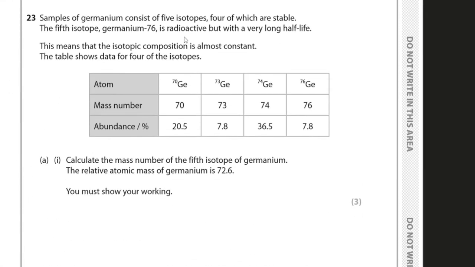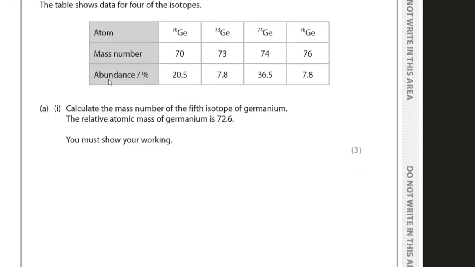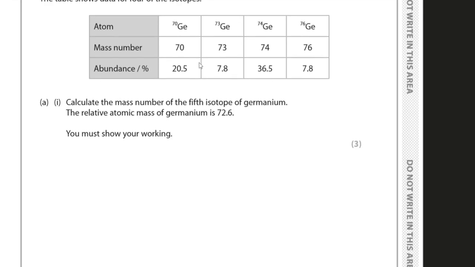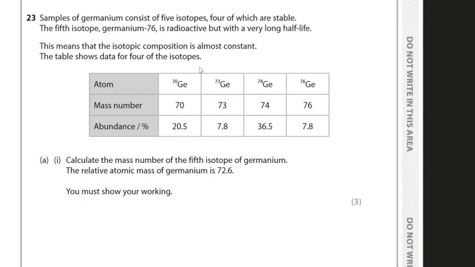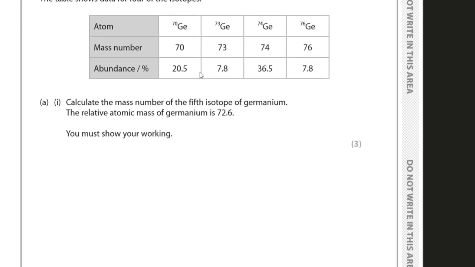Samples of germanium consist of 5 isotopes, 4 of which are stable. You can see that the fifth isotope down here, they said germanium 76, is radioactive but with a very long half-life. Calculate the mass of the fifth isotope of germanium. In order to calculate this, at first let's calculate the abundance of the fifth isotope, since all the other ones are provided.